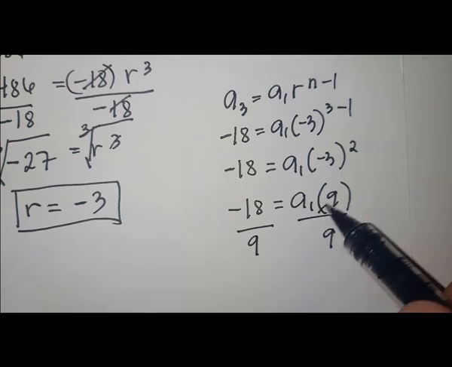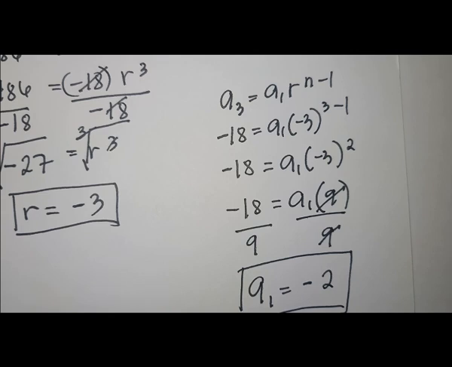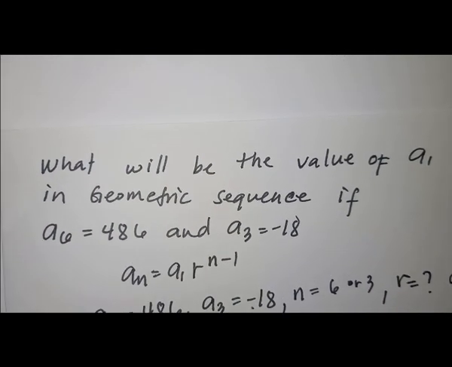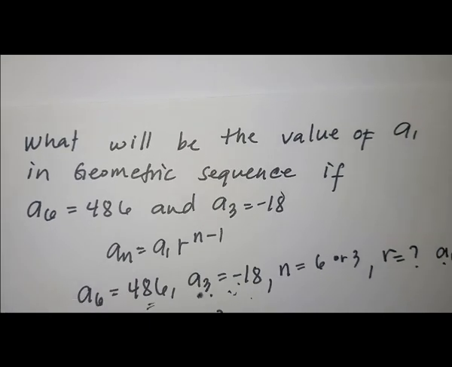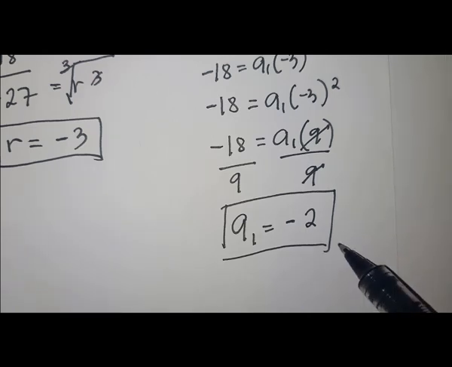Okay, cancel natin yung 9. So, A sub 1 is equal to negative 2. Okay? So, it means the first term from the given sequence, ito kasi hinihingi, no, is negative 2.